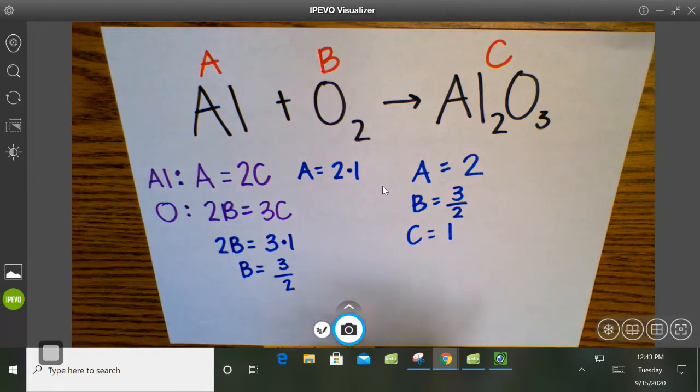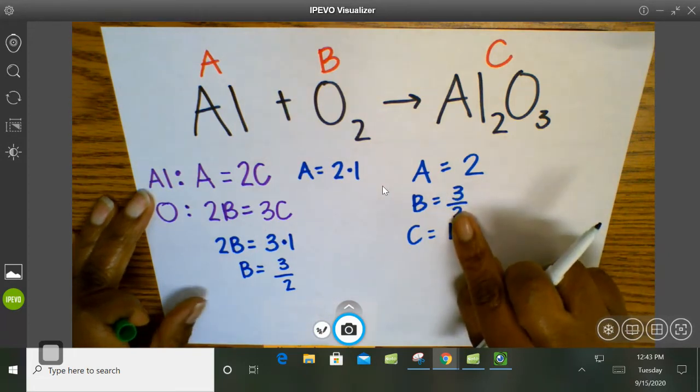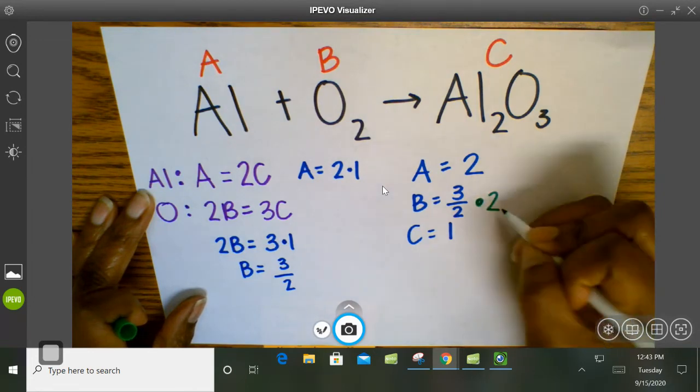Well, here's the thing. All right, we're not going to use fractions for our coefficients in our balanced equation. If we were, then this would be fine. But since we're not, we got to get rid of the fraction that we have here. So what I need to do is figure out, what do I multiply 3/2 by to get a whole number? And if you said 2, then you are correct.